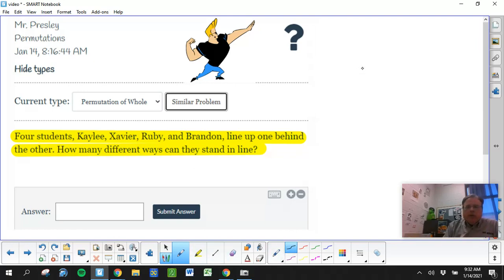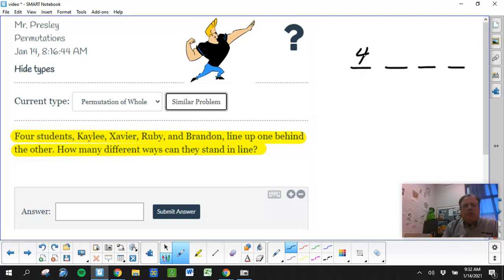Well, let's just say this is the front of the line. There are four people, Kaylee, Xavier, Ruby, and Brandon. So no matter what, we've got four people to choose from. You remember in preschool, they used to say, I want to be line leader. Let me be line leader. I always liked being in the back, you get away with more in the back. But anyway, somebody wants to be line leader.